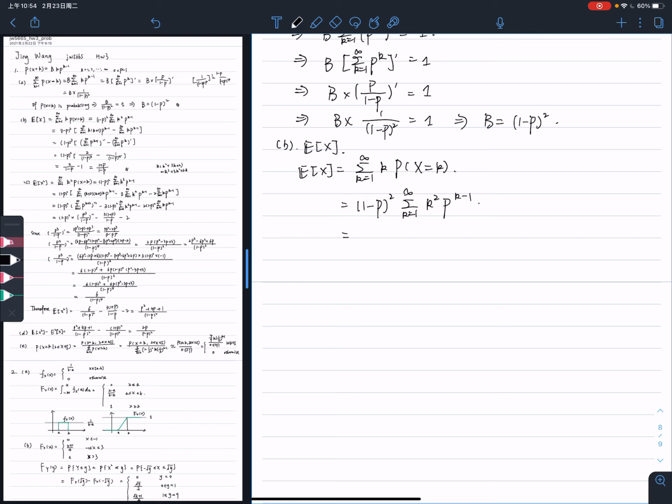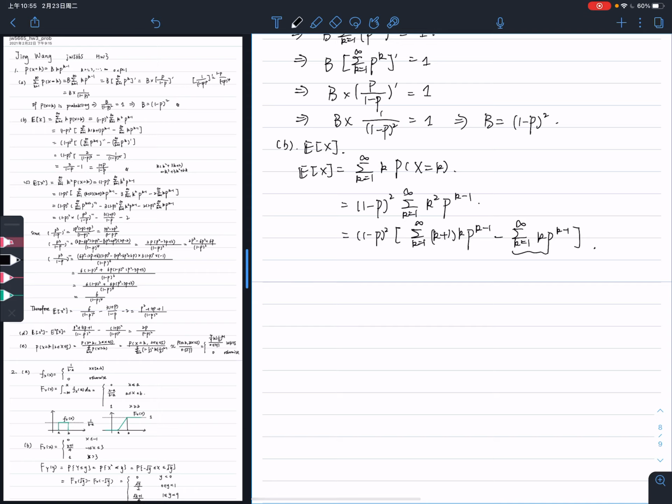So it is equal to (1 minus p) squared times the sum of k from 1 to infinity of (k plus 1) times k times p^(k-1), minus the sum of k from 1 to infinity of k p^(k-1).